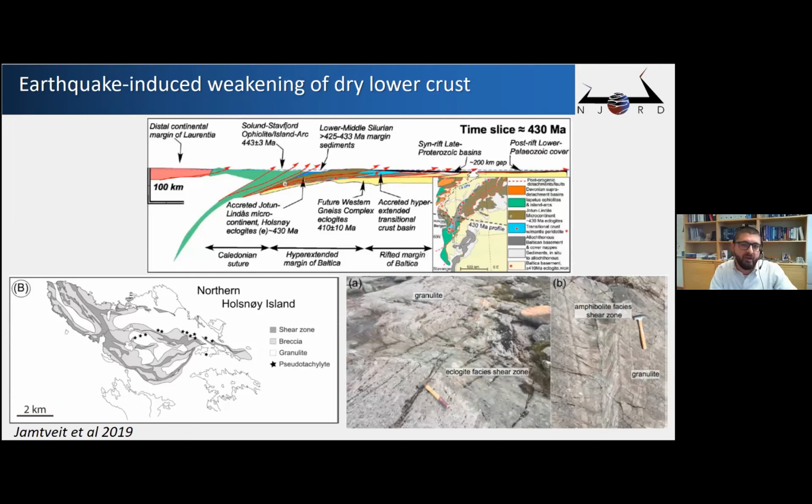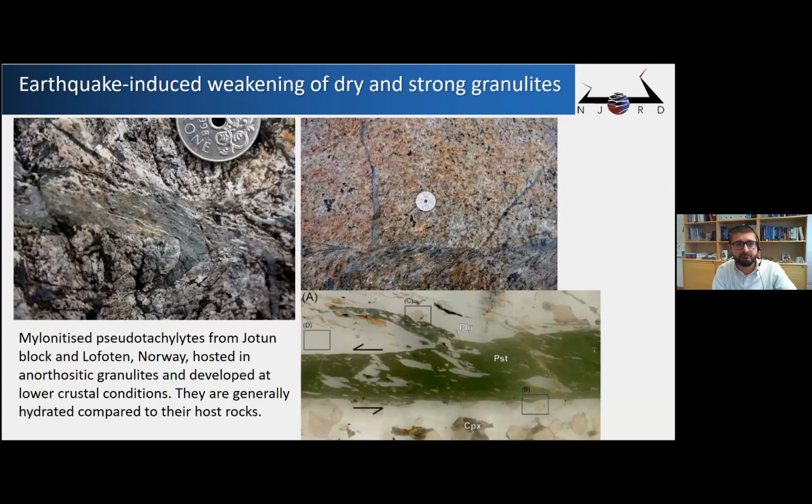So we have one of these examples in Western Norway, near Bergen, where the Jotun-Lindås nappe, which was probably either a microcontinent or an extension of Baltica, is made up entirely or predominantly of granulites, and it is transformed into eclogites only along fractures filled with pseudotachylites, so along earthquakes.